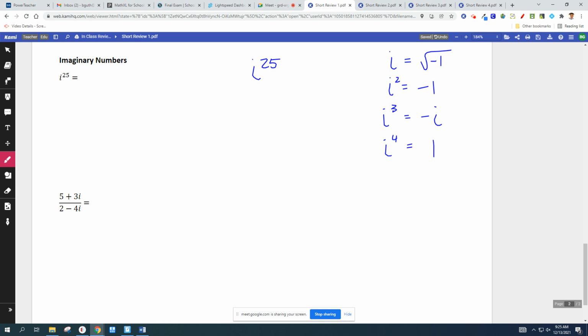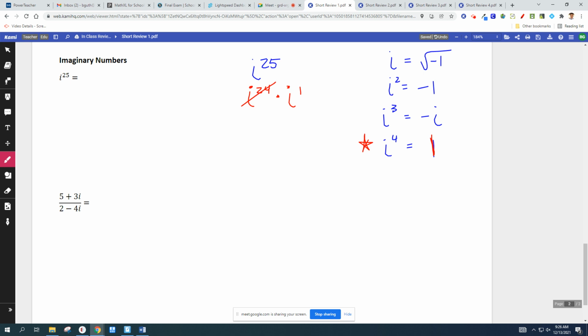So the way I do this, i to the 25th, is I like to find a multiple of 4 that's nearby. I know that i to the 25th is i to the 24th times i to the 1st. And the reason I like to find a multiple of 4 is because I know that every multiple of 4, whether it be i to the 4th, i to the 8th, i to the 12th, is going to equal 1.